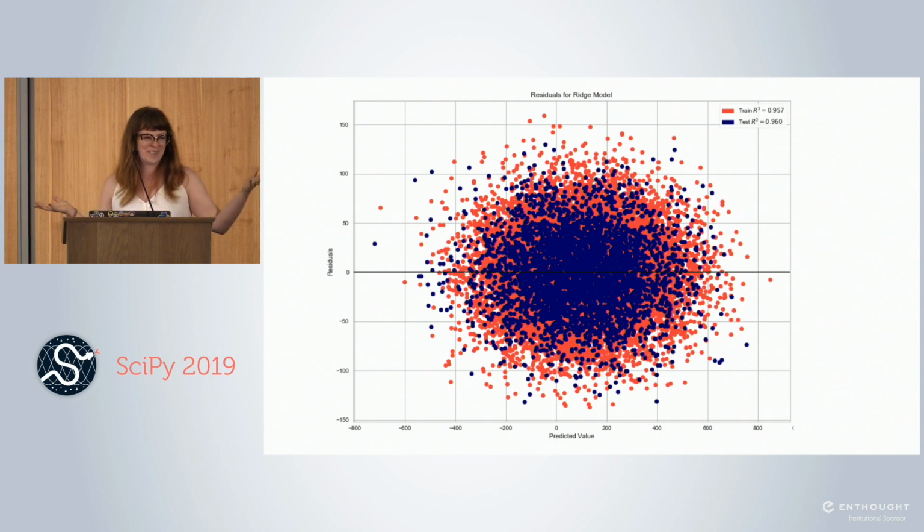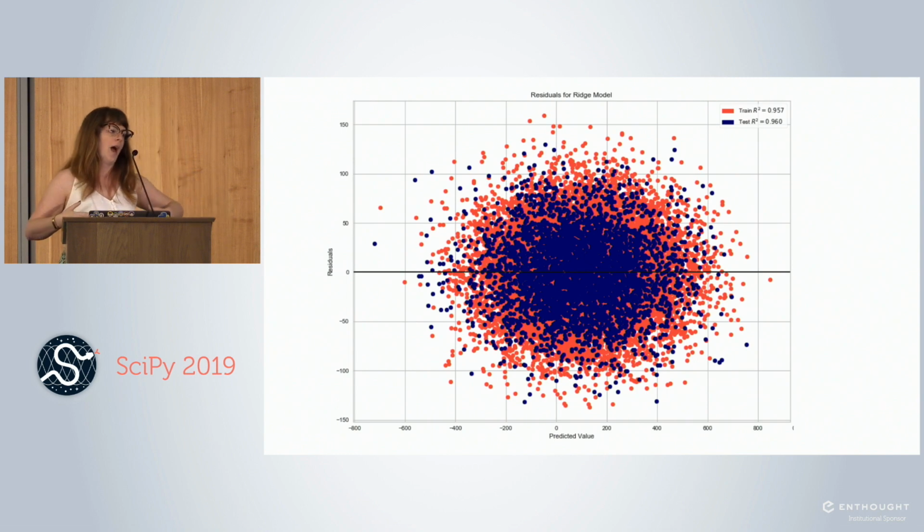This is a way to visualize the relationship between the values that we expected to see and the values that we actually did see when we ran a regression model.